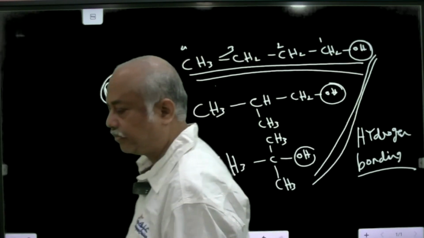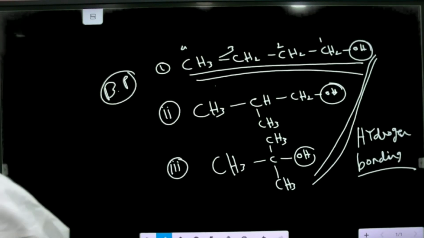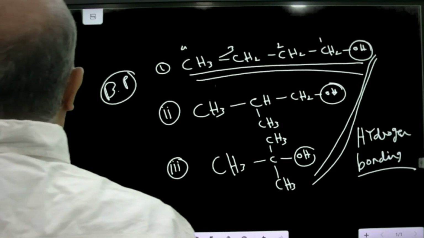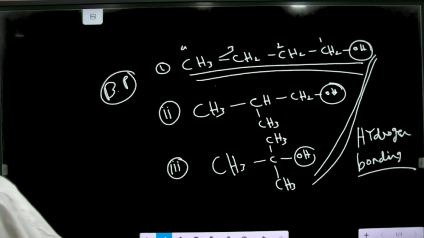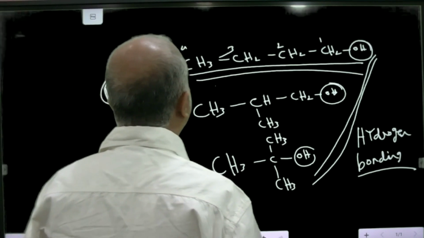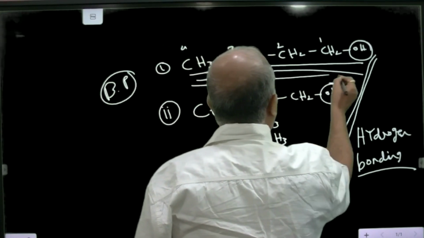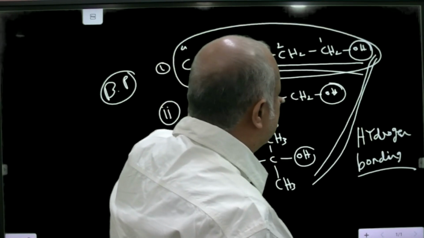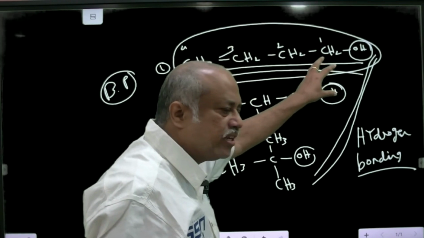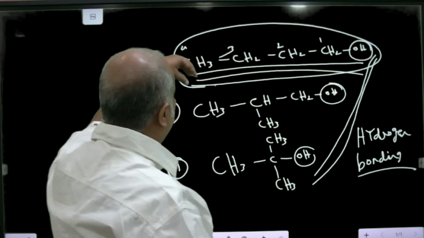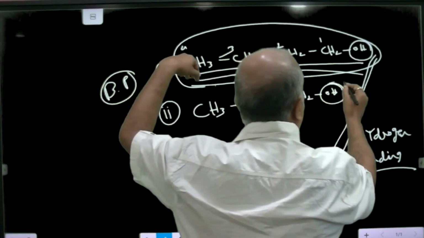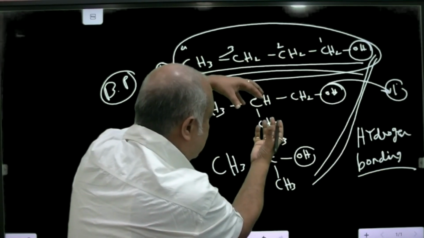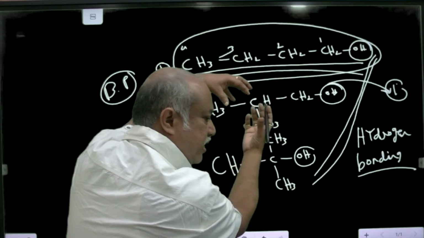Done. But this is the primary alcohol straight chain compound. Surface area increases. That means van der Waals force increases. This is also primary alcohol, 1-degree alcohol. Branched one, surface area decreases.